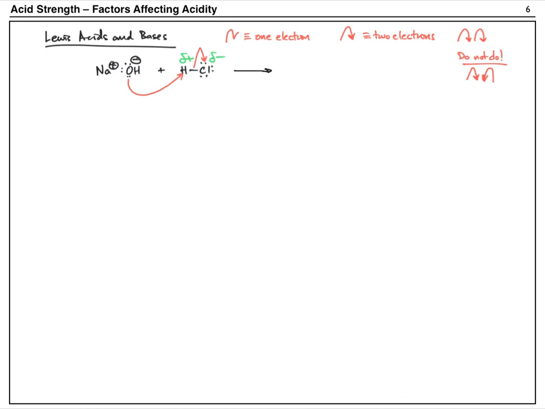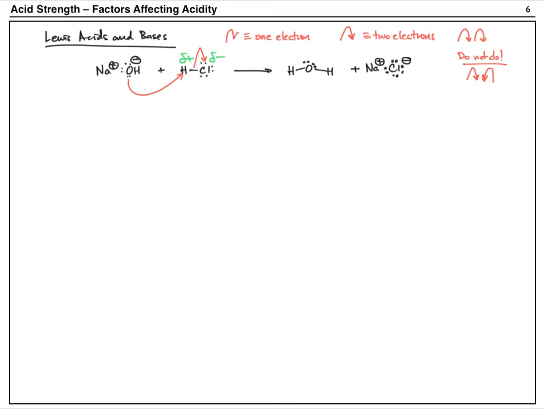We're forming the conjugate acid, which is in this case water. And now the conjugate base, sodium chloride. So the chlorine has accepted the electrons from that bond. We've balanced out the plus and minus, so we're neutral because we started neutral.